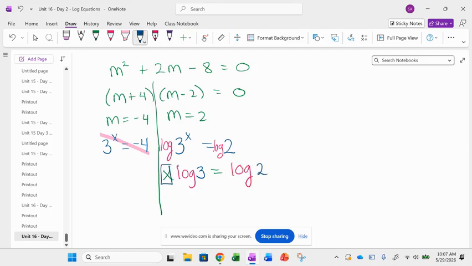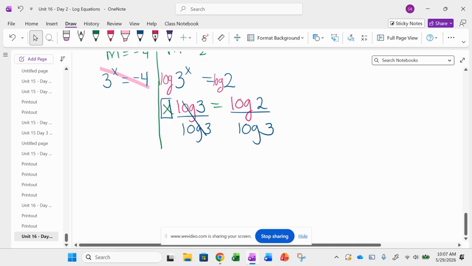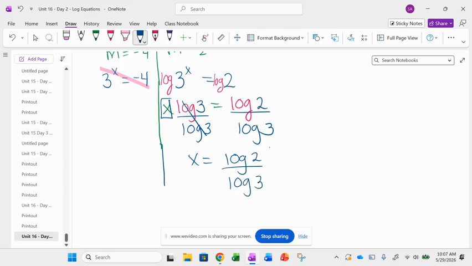And now I want to solve for x, so I'm going to divide by the log of 3. And our calculator ready form is going to be log of 2 divided by the log of 3.